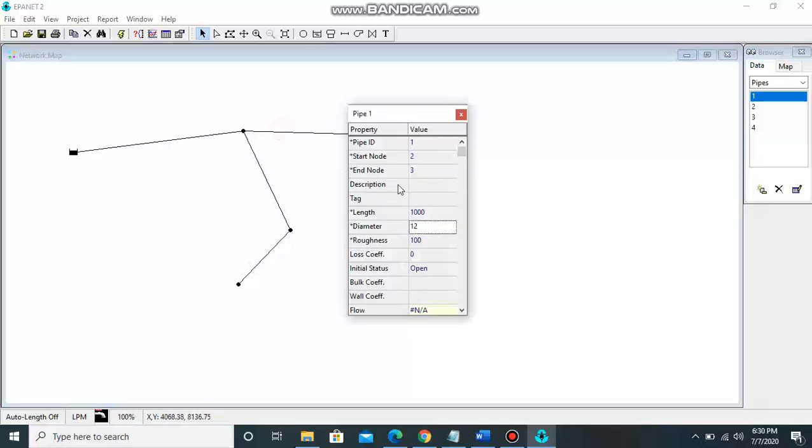So pipe 1, let's say this is 875, then 300.